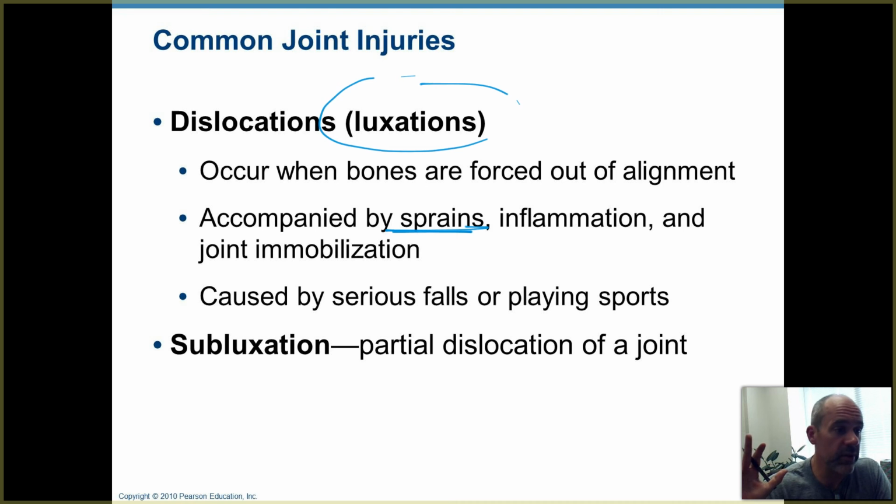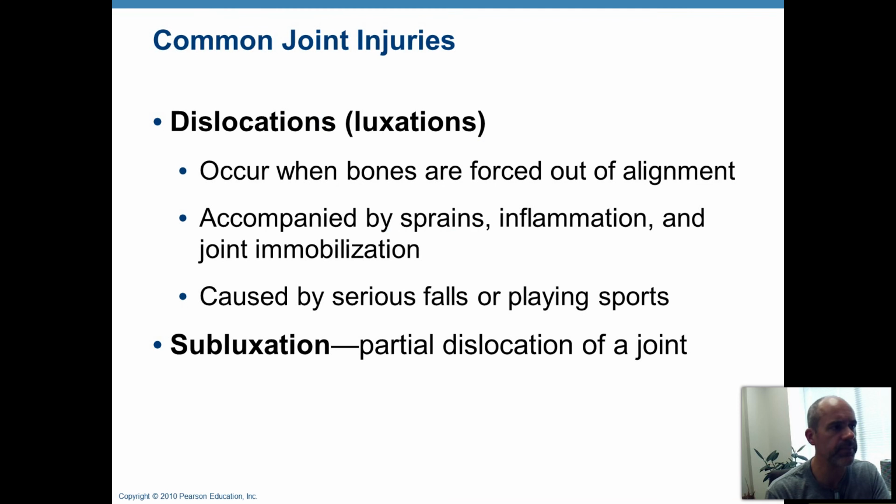Serious falls and playing sports are the typical causes of those types of things. A subluxation is where you have a partial dislocation of a joint. So the bones don't necessarily completely pop out of place, but are partially popped out of place and not aligning like they're supposed to.